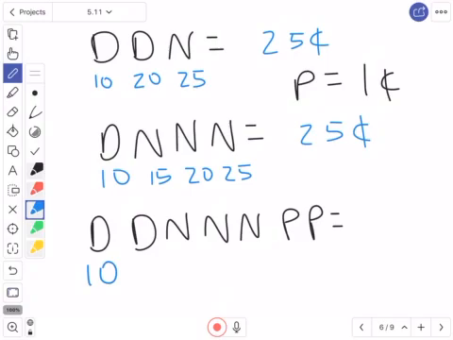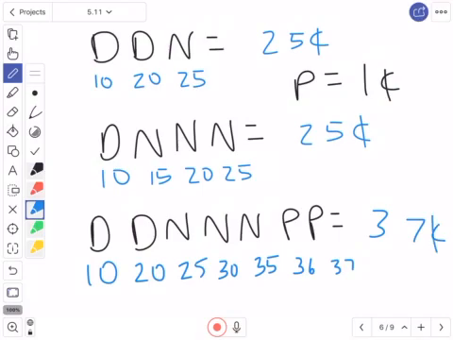I have 2 of them. 10, 20. Nickel equals 5. 25. I'm counting by 5s. 30. Counting by 5 still. 35. Then pennies are just by 1. So then 36, 37. 37 cents.